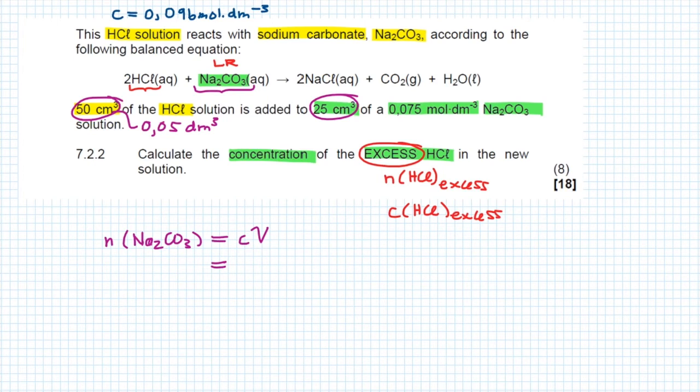So 25 centimeters cubed is equal to 0.025 decimeters cubed. So we're now going to say 0.075 multiplied by 0.025 decimeters cubed. In the end, the number of moles of the limiting reagent is equal to 0.01875 mole.